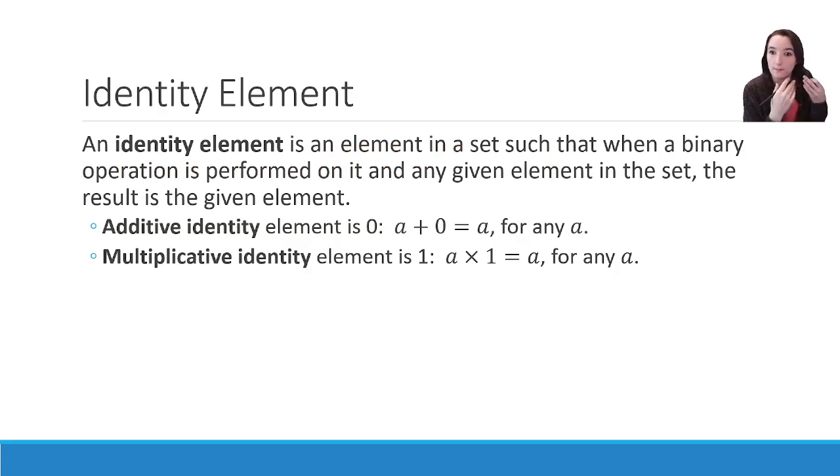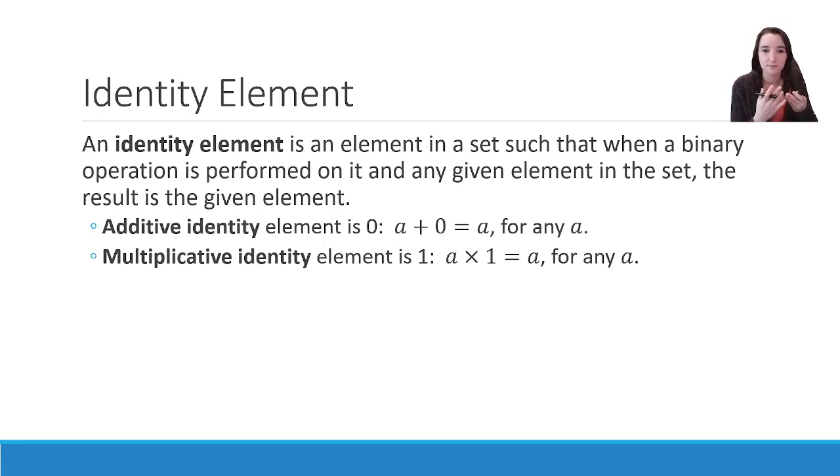Then many mathematical systems have an identity element. So an identity element is an element in a set such that when a binary operation is performed on it and any given element in the set, the result is the given element. So the word identity here comes from essentially it identifies whatever it's operating with.